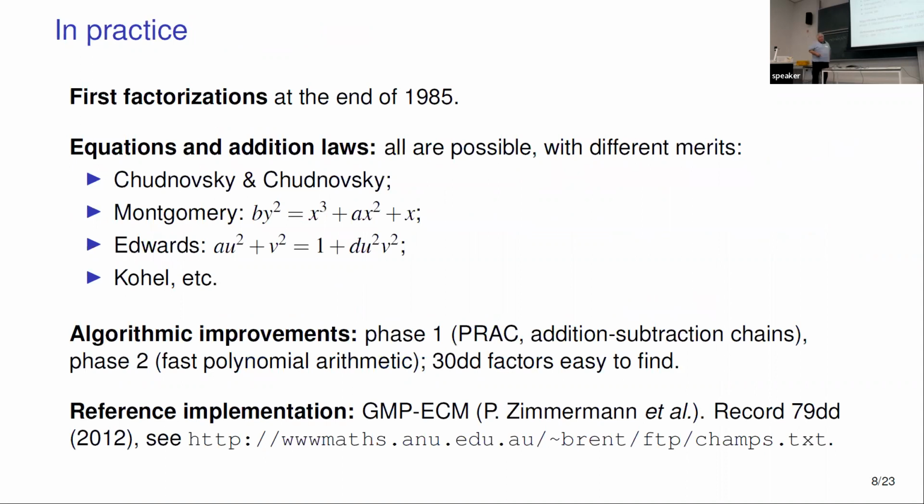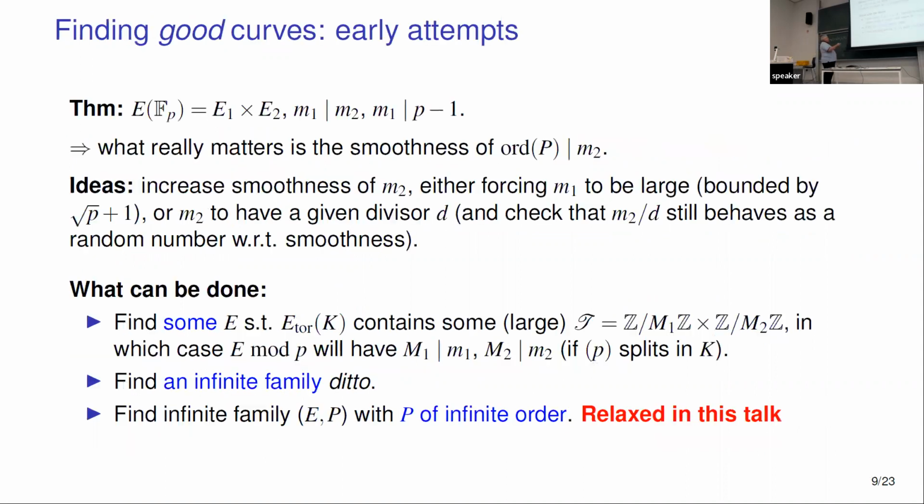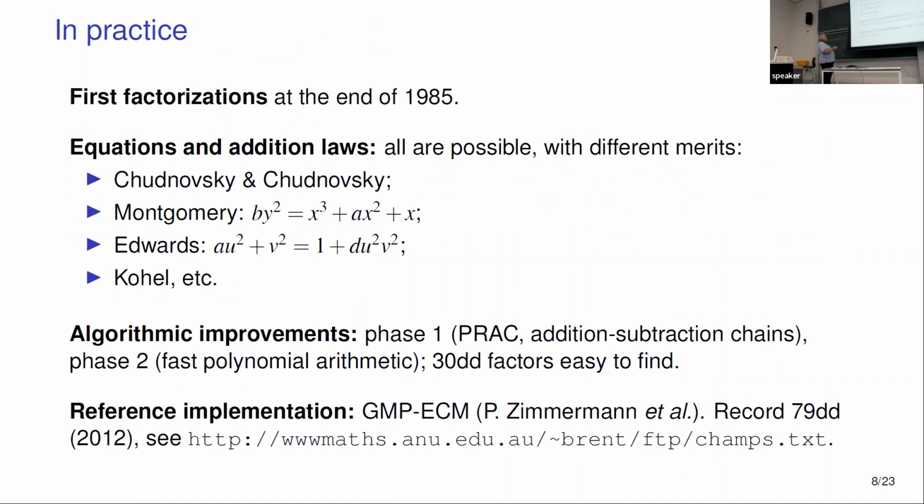Okay, so actual factoring began very soon after the announcement of Hendrik Lenstra. It was announced in February 85, and first factors were found quite rapidly, presumably by Peter Montgomery at the end of the day.